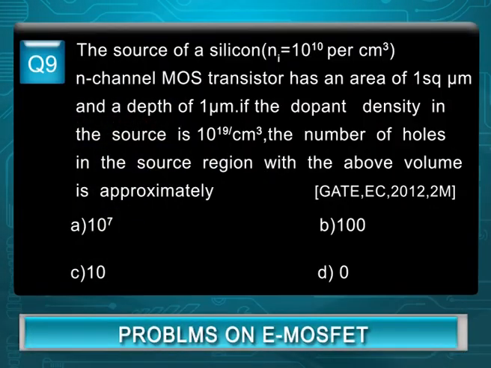Therefore, our option is D. Looking at the options again, 10^7, 100, 10, 0, the option is D.